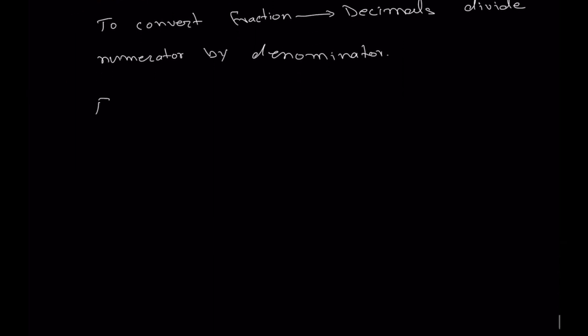For example, if we have 10/12, the first thing you can do is simplify it. It will be 5/6. Now divide 5 by 6. 5 divided by 6 will give you 0.8333. So that will be the answer.